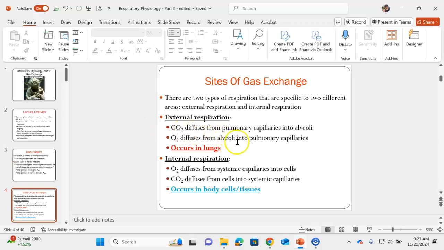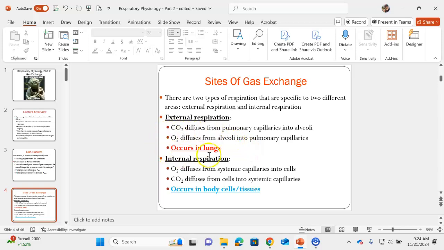And exchange, that's the thing that I really try to drive home whenever we do this. Whenever you exchange gifts with somebody, you give somebody a gift and then you get one in return. That's the exchange. So when my wife and I exchange gifts, I give her something, she gives me something. That's the exchange. And so you have to keep that in mind because we're dealing with gas exchange.